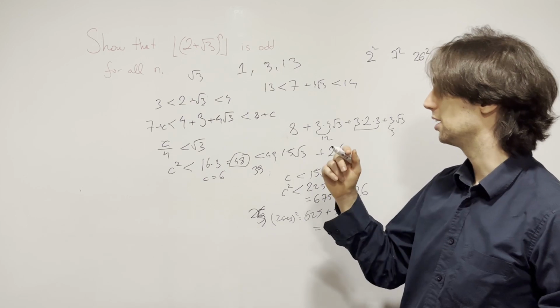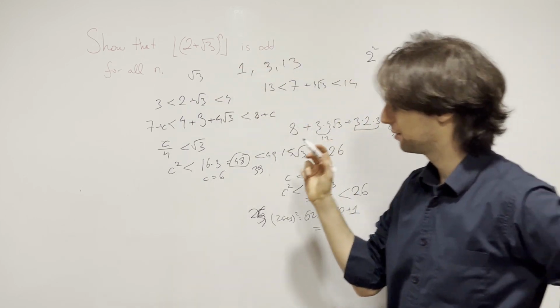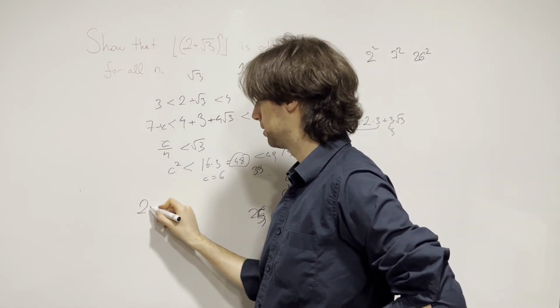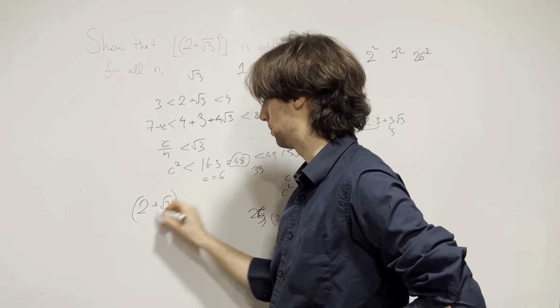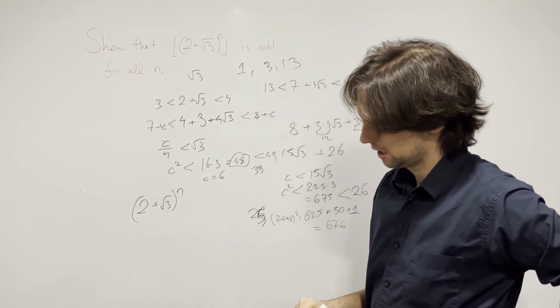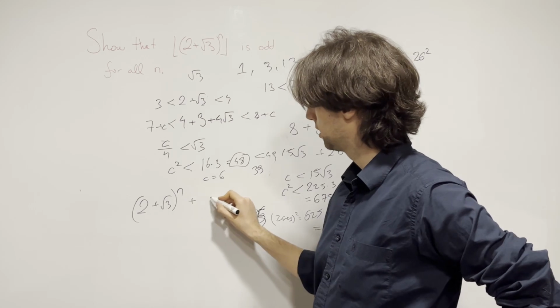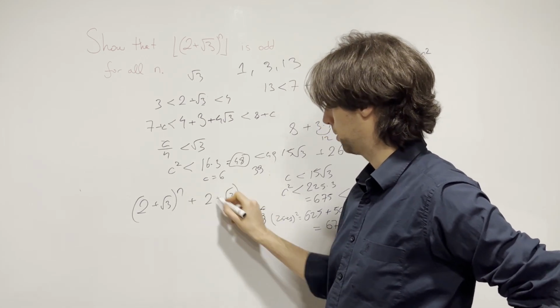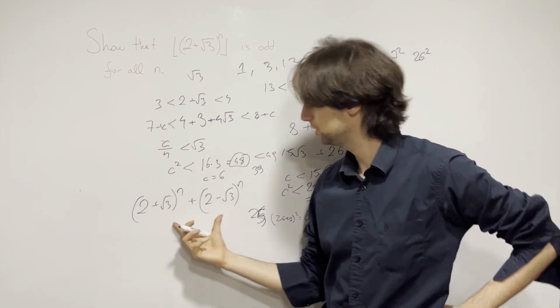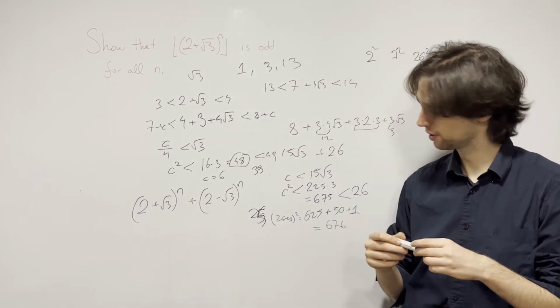And how do we do it? Well, we know that if we have 2 plus the square root of 3 to the power of n, and you take 2 minus the square root of 3 to the power of n, and add these two together, what is going to happen?